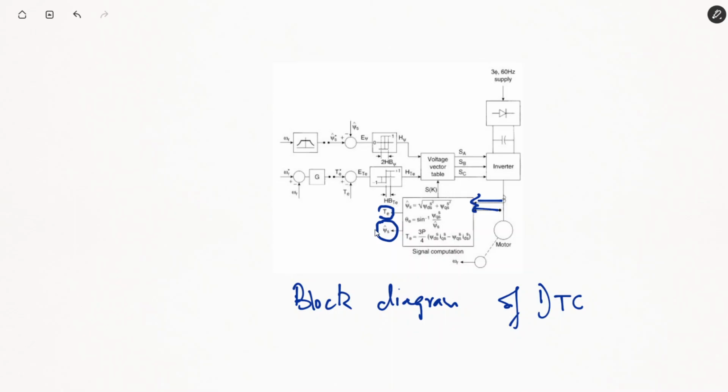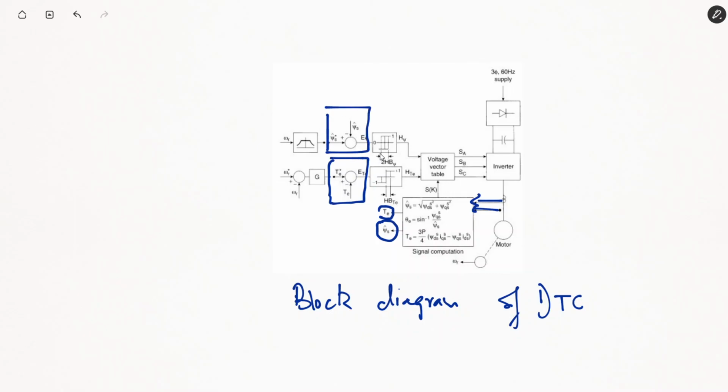We calculate the motor's torque and the motor's stator flux from some control parameters, and that torque is compared with some reference value of torque, and similarly that flux is compared with some reference value of flux.